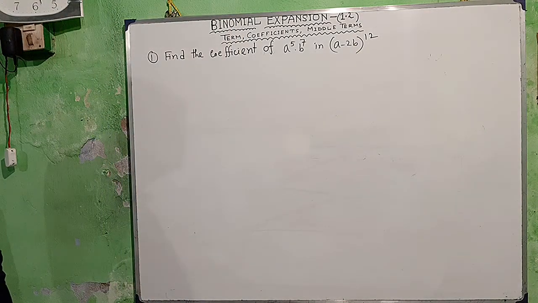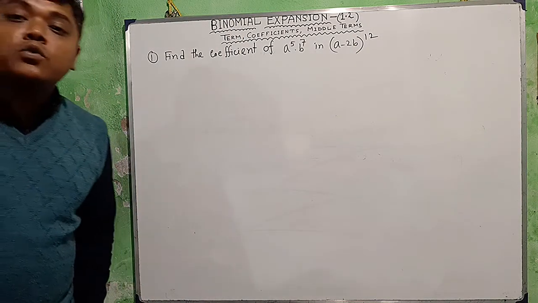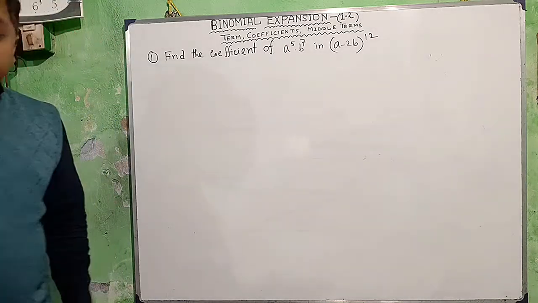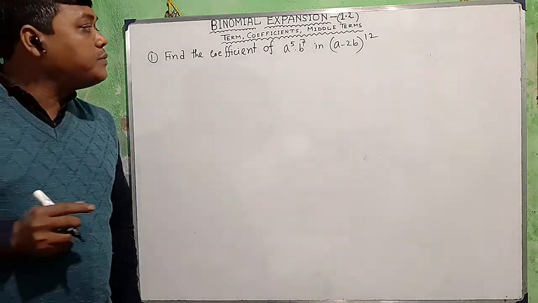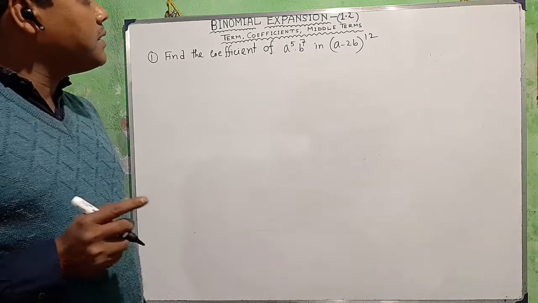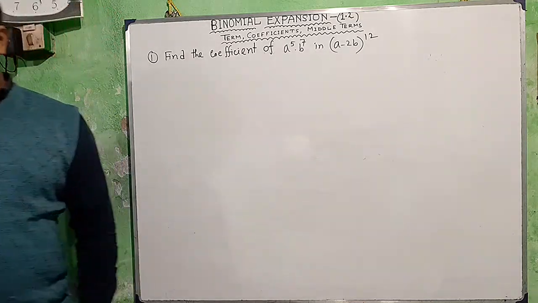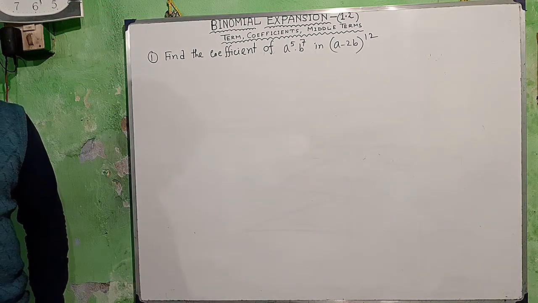So in this part we have to find out the coefficient of a to the power 5 into b to the power 7 in the expansion (a minus 2b) whole to the power 12.